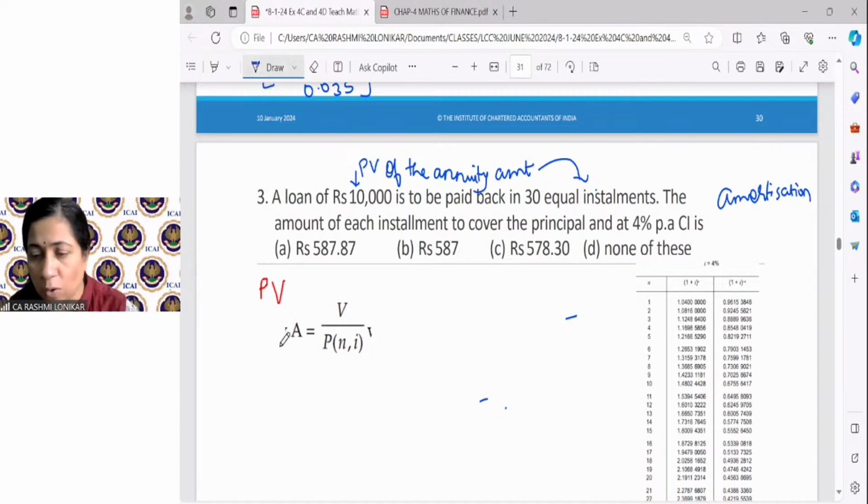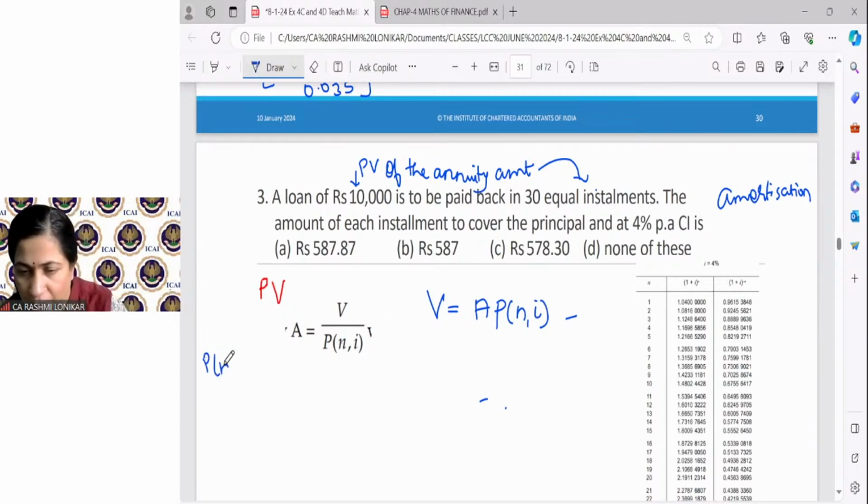So you remember that we have V is equal to A, P and I. This is the present value formula. What is P and I? P and I is equal to (1 plus I) raised to n minus 1 upon I into bracket.